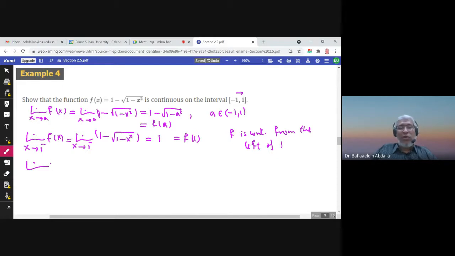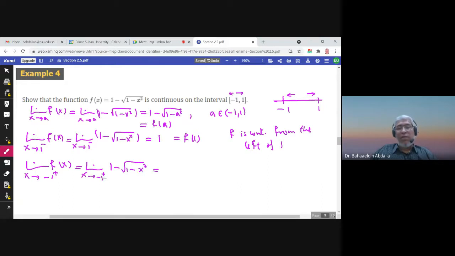Also, you can show that the function is continuous from the right of -1 when x approaches -1 from the right. So you need to prove that the function is continuous in this interval. So you come from the left of 1 and from the right of -1. And the function is 1 minus square root of 1 minus x squared.